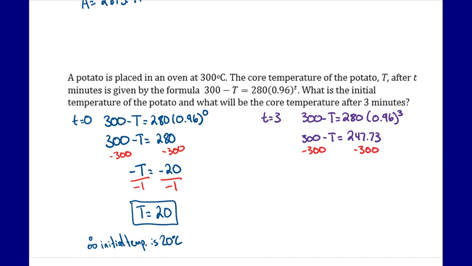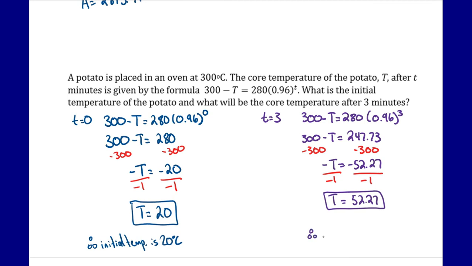Minus 300 from both sides. We get negative T is equal to negative 52.27. Divide both sides by negative 1, and we get that the temperature is equal to 52.27.